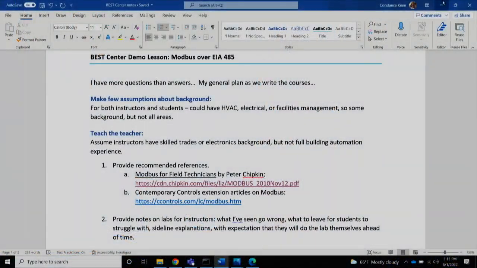All right, so it's billed as Modbus over 485, but it's actually kind of the unplanned lesson that I'm talking about. This semester, our grant said we were supposed to do four courses plus one that was rewritten, and we started teaching them all this year.